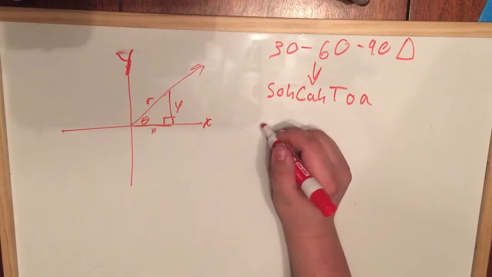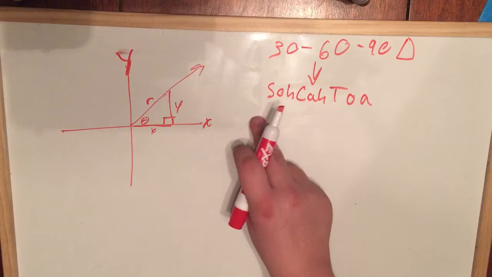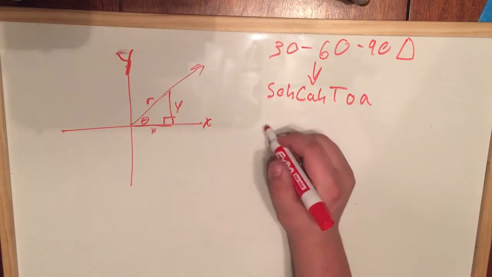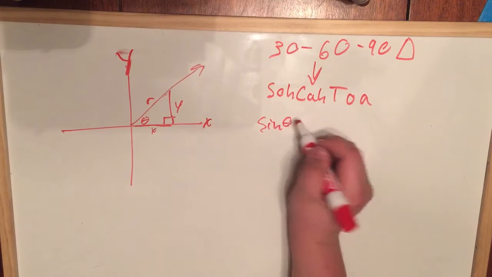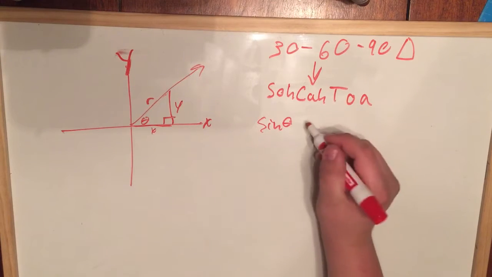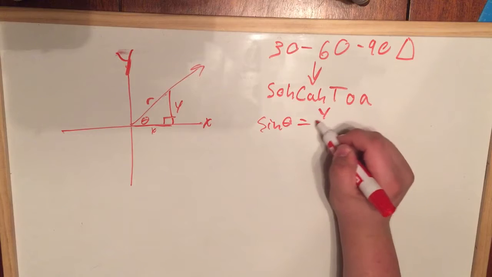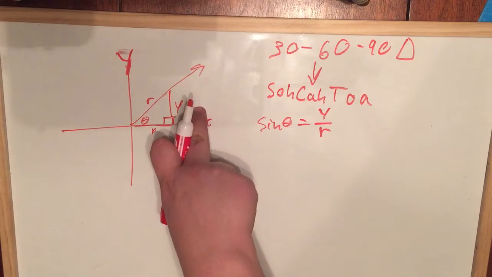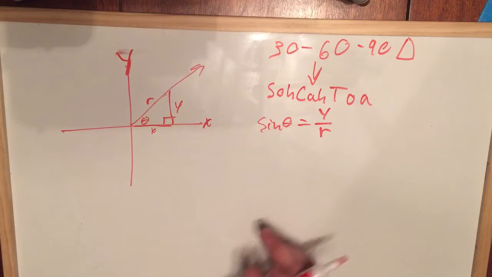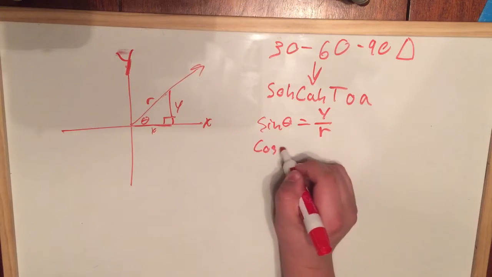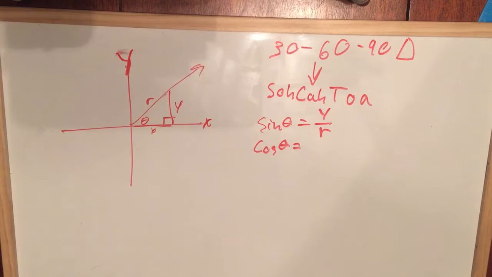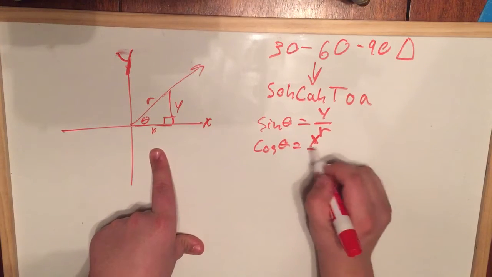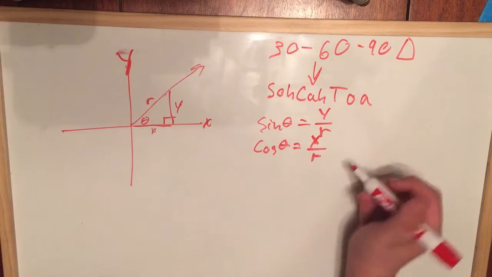So what we're going to do is we're going to make this into other terms of this. So we're going to do sine of theta. This is equal to y over r, because it's the opposite, y over r, the hypotenuse. And then we're going to do cosine of theta is equal to the adjacent x over the hypotenuse r.